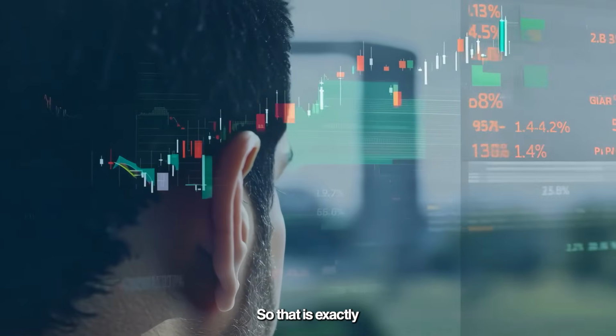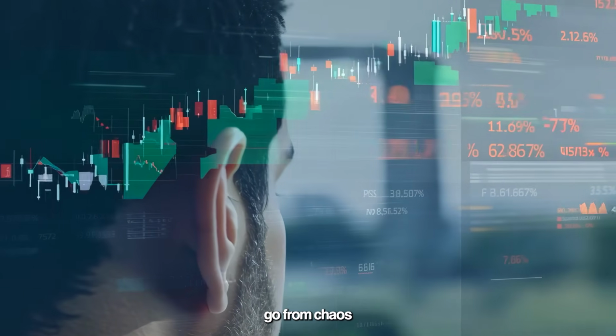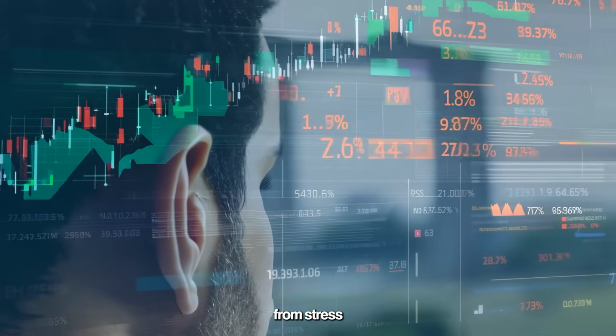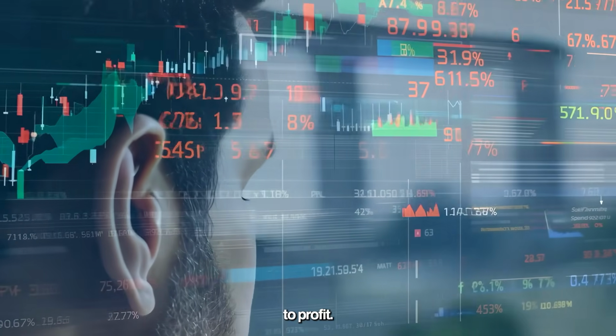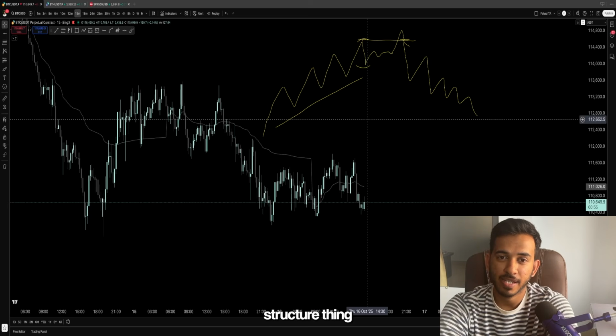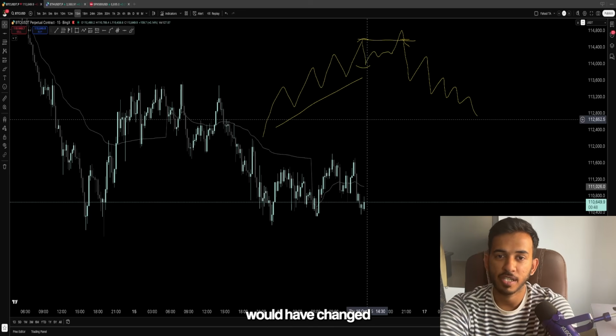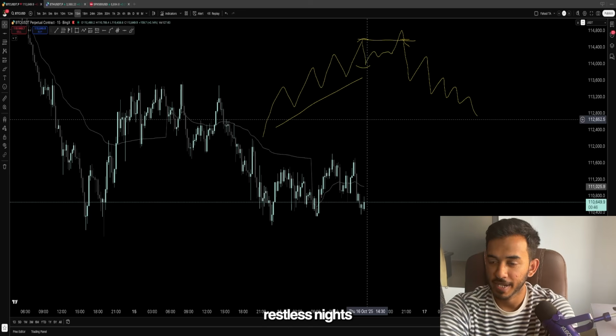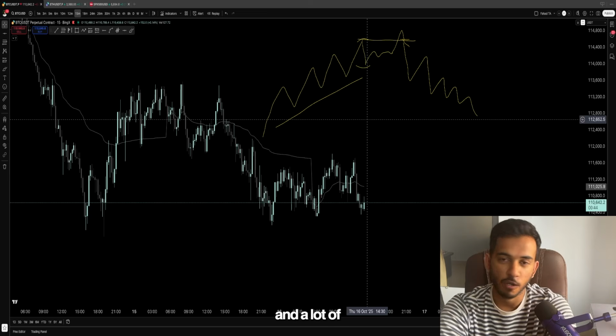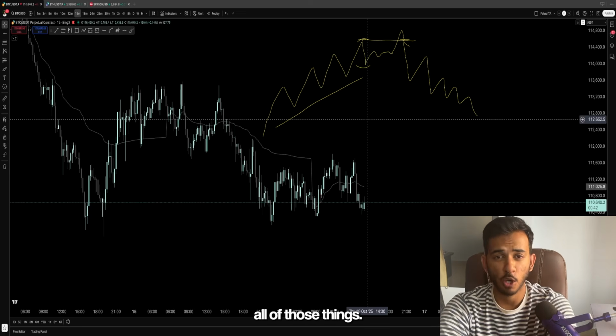That is exactly when the charts started to go from chaos to clarity, from stress to flow, and from losses to profit. And this market structure thing is absolutely something which I wish someone taught me on day one of trading, because this would have changed a lot of things, a lot of restless nights for me and a lot of losses as well. It would have saved me from all of those things.